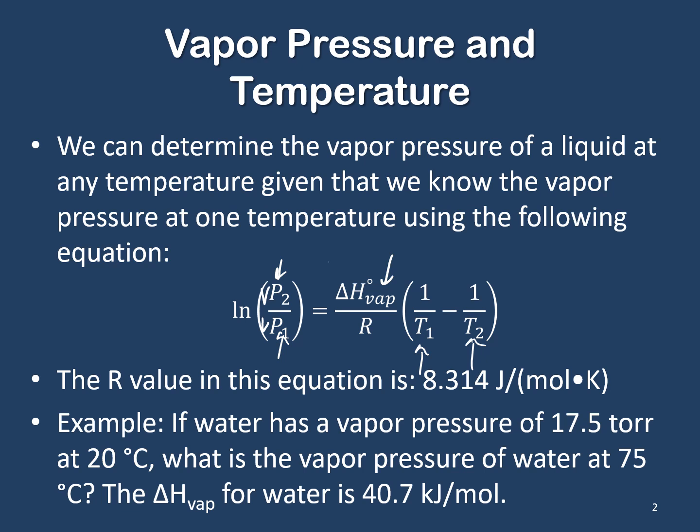So let's do a problem, right? If water has a vapor pressure of 17.5 torr at 20 degrees Celsius, what is the vapor pressure of water at 75 degrees Celsius? The delta H for water is 40.7 kilojoules per mole. If we set up our problem, we have the natural log, and we have our vapor pressure 1 or 2. It doesn't really matter which one you define as what, but since we're calculating the vapor pressure, I'm going to put vapor pressure 2 as my unknown and put 17.5 here in my denominator.